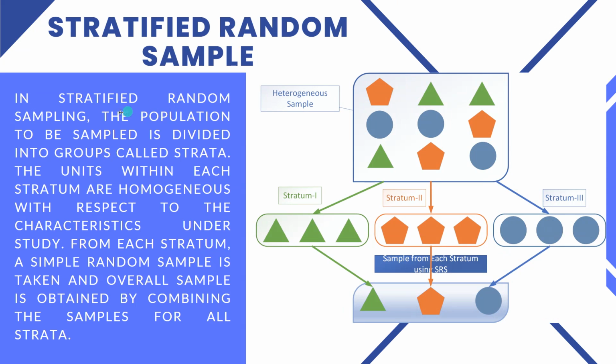In stratified random sampling, the population is divided into groups called strata. The condition is that we have a group of heterogeneous population.